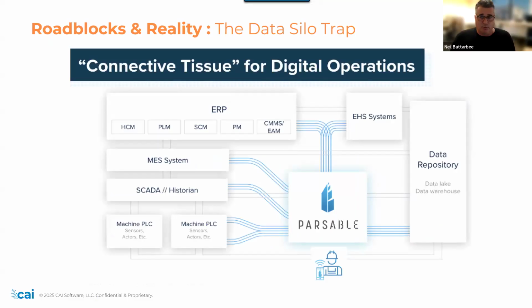We'll talk about this briefly, and I think the roadblock, and Matt talked about it earlier, is the data silo trap. So ERP front and center, your master data, your system, but oftentimes, and this particular example is using our Possible connected worker tool, it's often seen as a single pane of glass in process manufacturing environments, less in discrete.